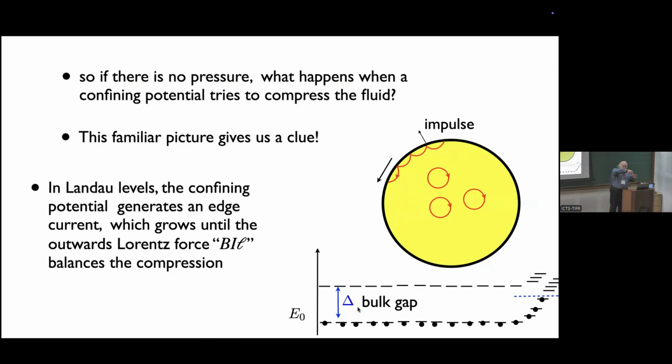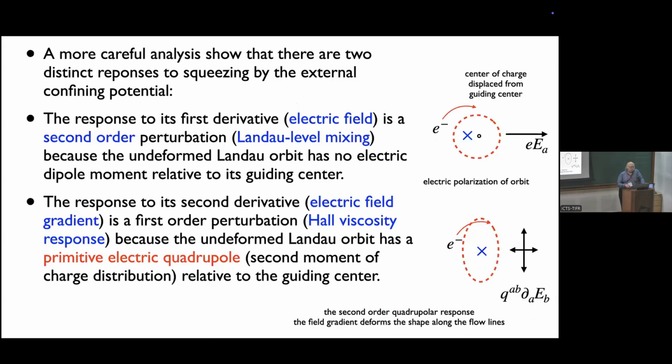As I squeeze it more, I drive a larger and larger edge current until the Lorentz force outwards on the edge current in the magnetic field pushes back on me to balance the compression. So just the standard BIL force that you teach in elementary electromagnetism is actually the fundamental mechanism the quantum Hall system has against compression.